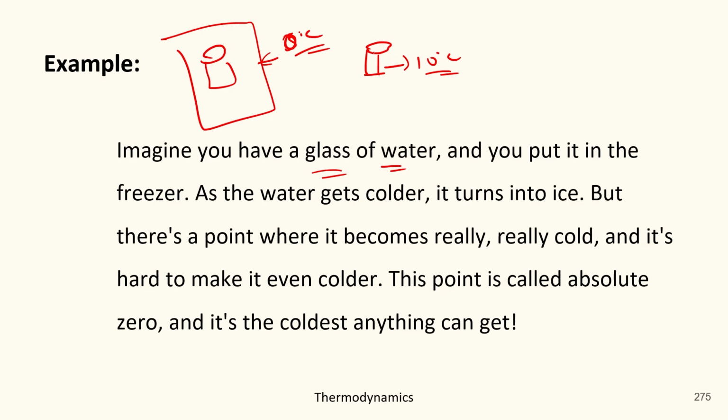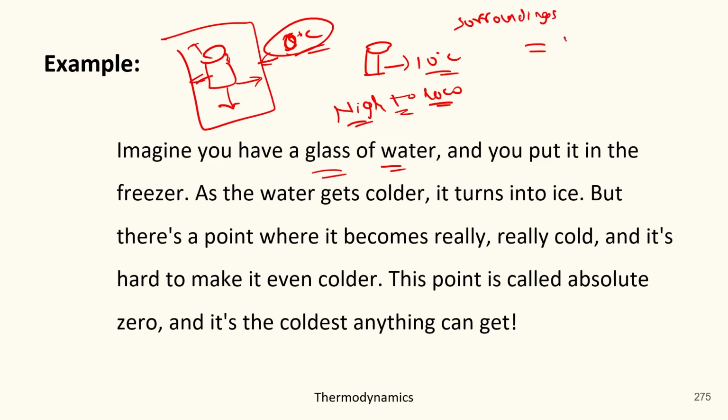So when you put this glass of water into the freezer, it will start transferring heat from high to low, and thereafter the time will come when the surroundings will have a temperature equal to the glass of water, because it has transferred the heat to the surroundings, and there will be no further transfer of heat.